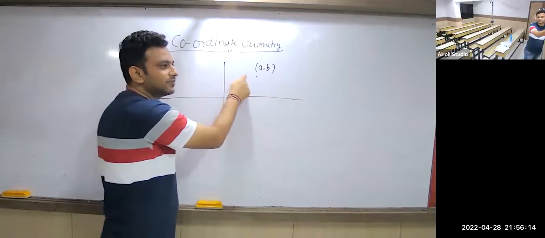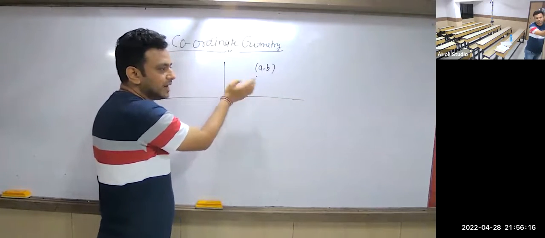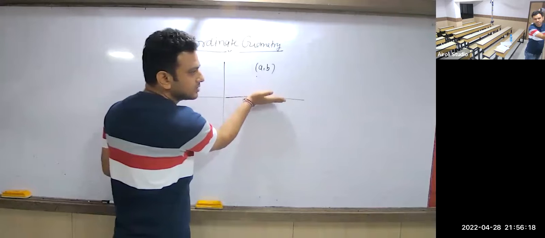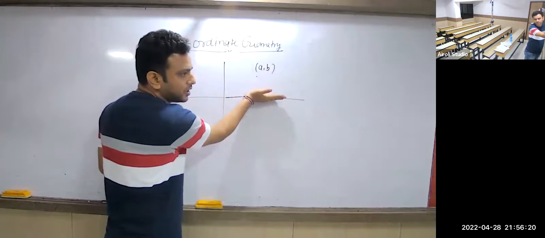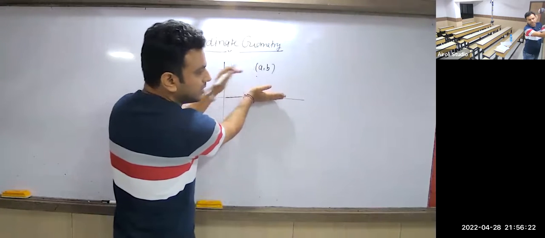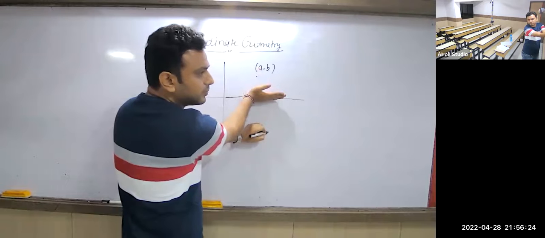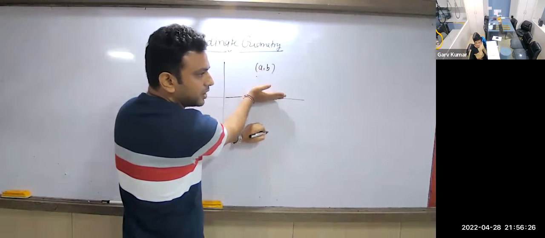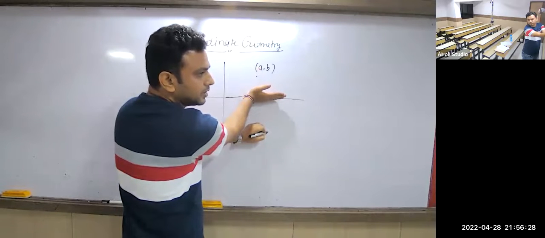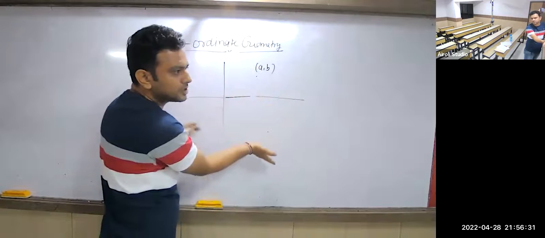This is originally in the first quadrant. Let's say my palm is a mirror, so you will get an image below my palm. So this will be the image of this point.